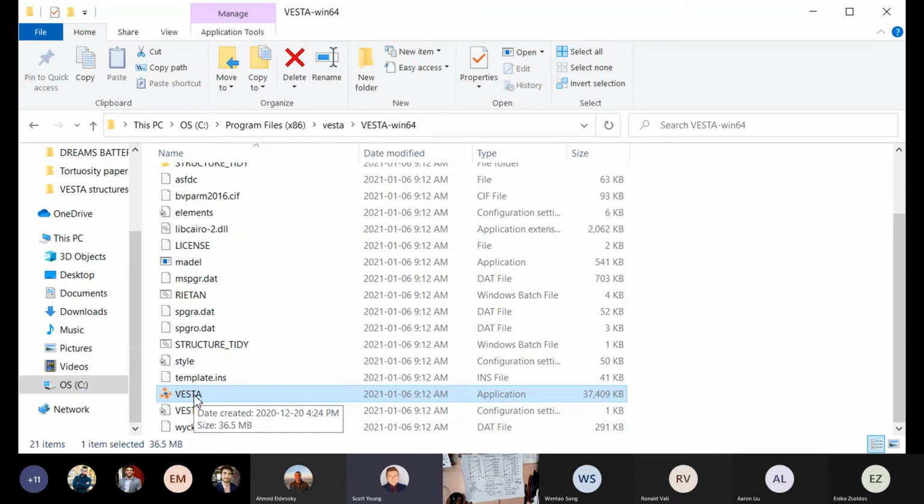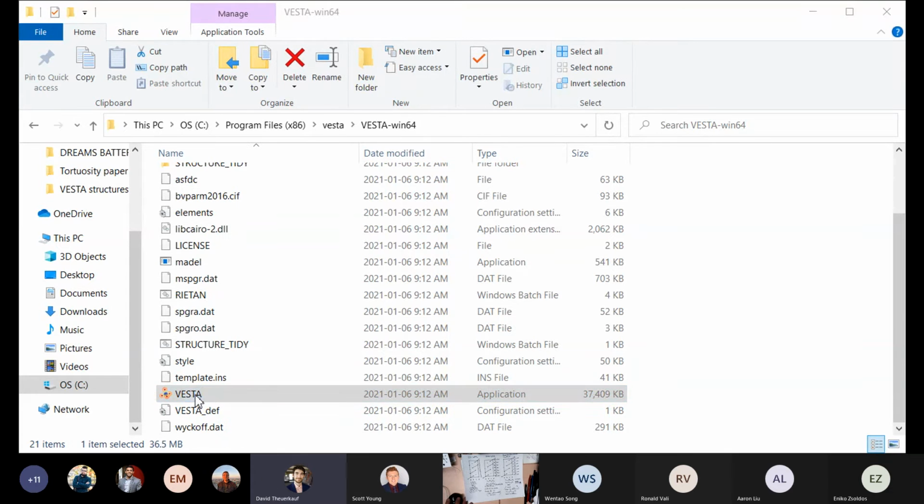We see your Windows Explorer. Okay, so I'm going to start the VESTA program. Do you see a lithium iron phosphate structure now? No, still on the Explorer screen. Okay, let me try to figure out what's wrong.